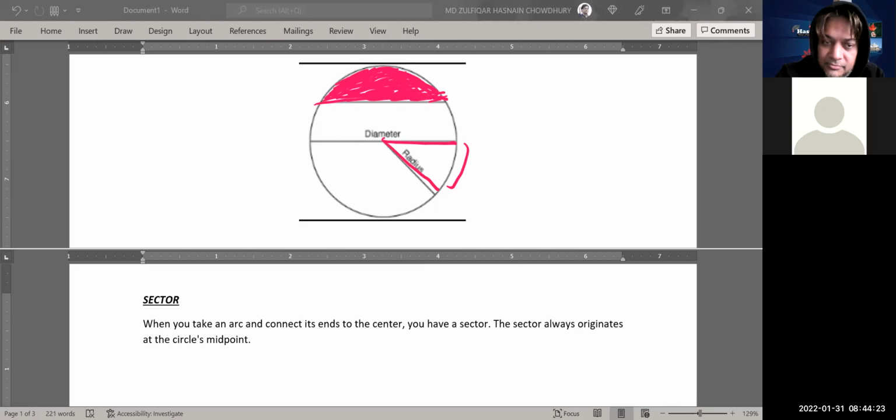what do you call this part of your pizza? The part you colored in, it's... I haven't learned what that is yet.